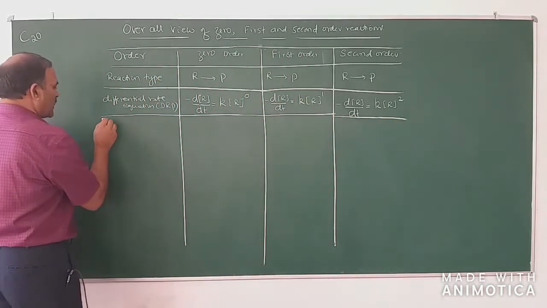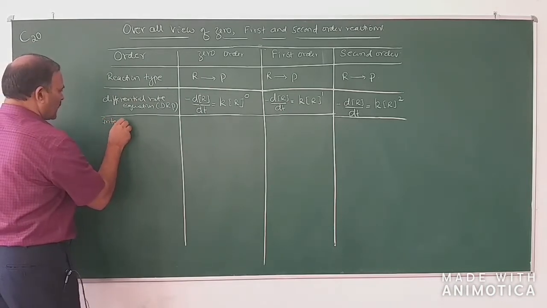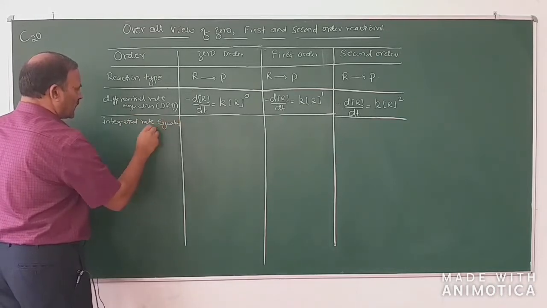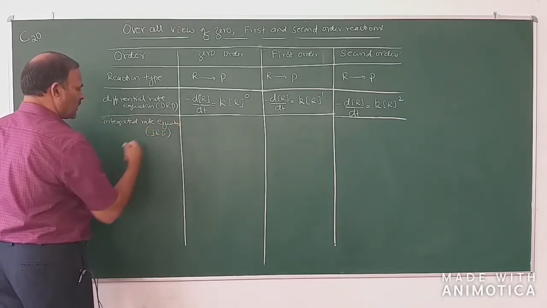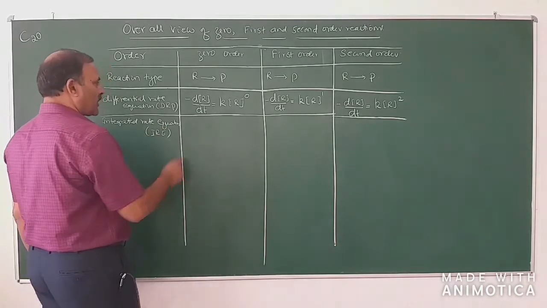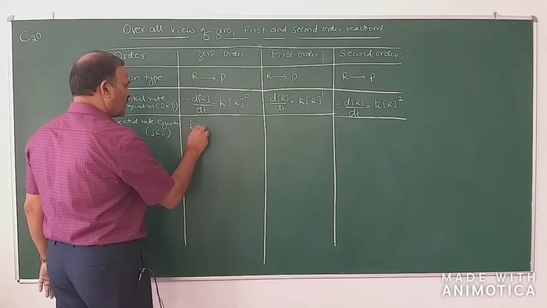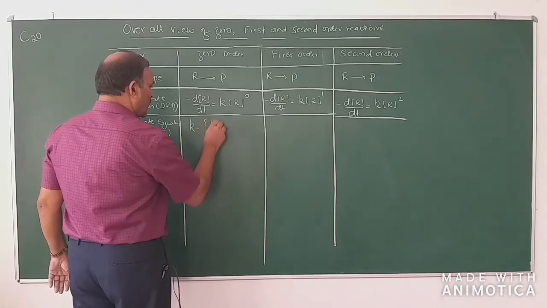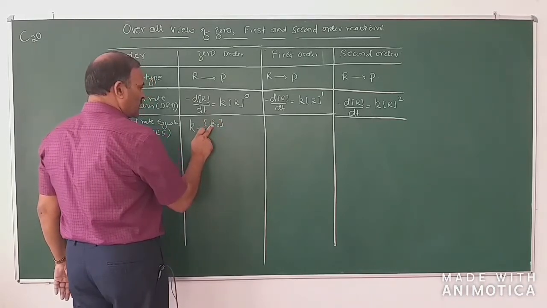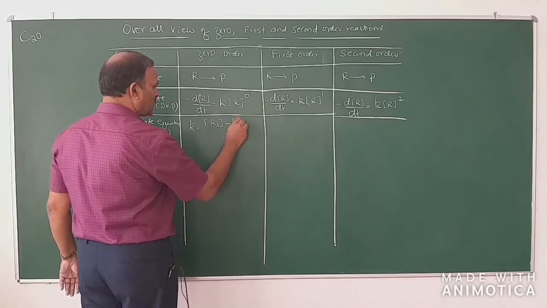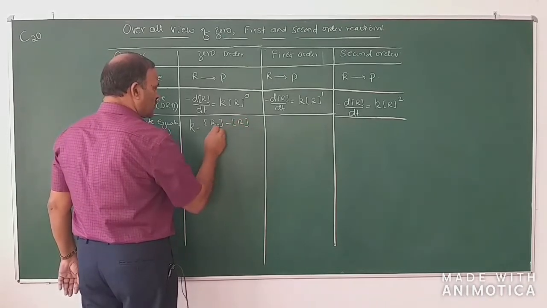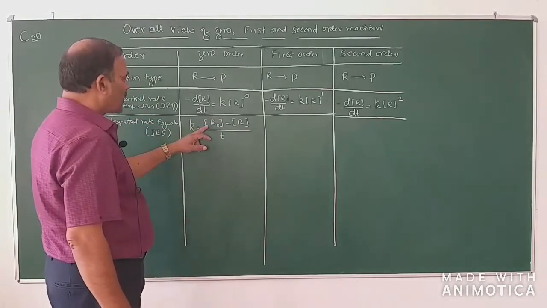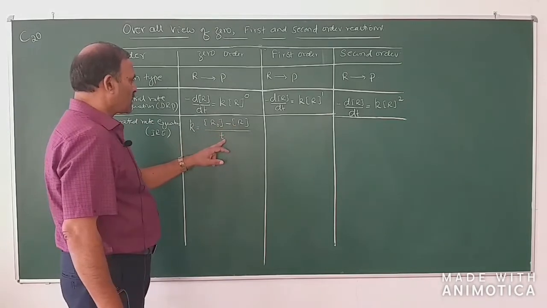Then what is integrated rate equation? It is an integrated rate expression for rate constant. We have derived the integrated rate equation for zero order: K equals concentration R naught, that means initial concentration, minus concentration R at any time t, divided by t.